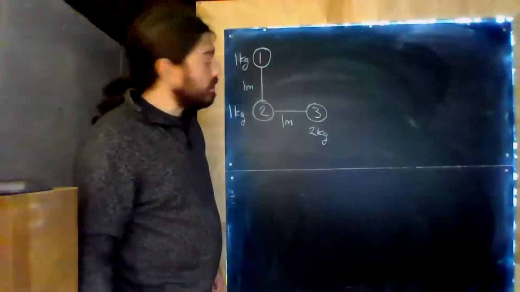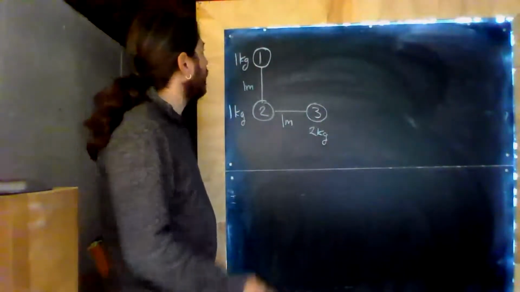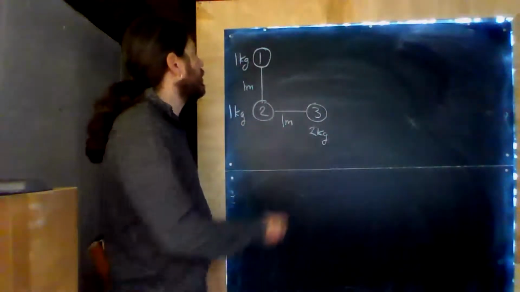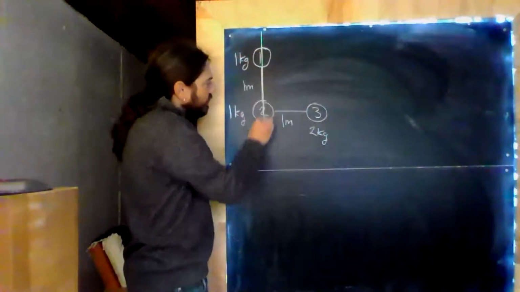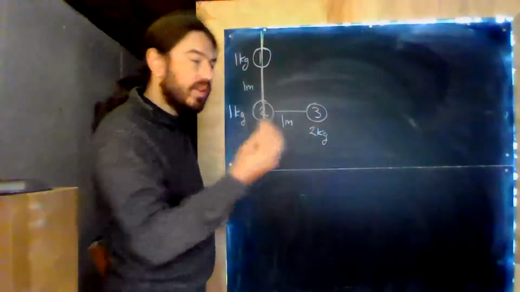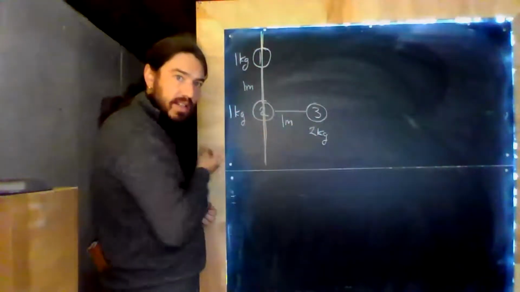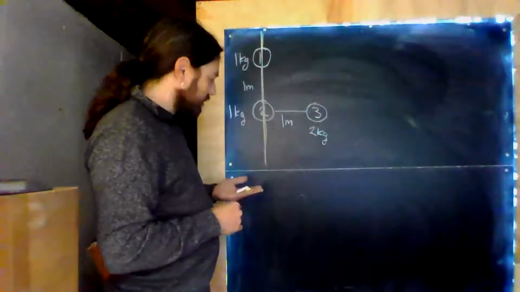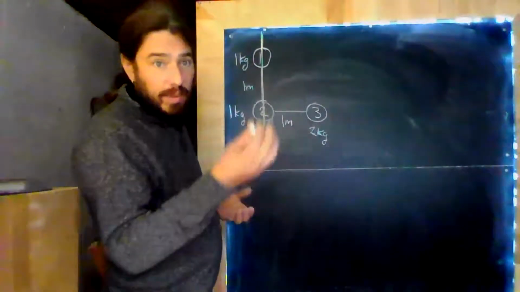Okay, so here is my drawing, and we're going to find first the moment of inertia through a vertical axis through masses 1 and 2. So this is my axis of rotation right now. If this thing was going to rotate, it would be rotating like this, about this axis. Let's go ahead and apply our equation.